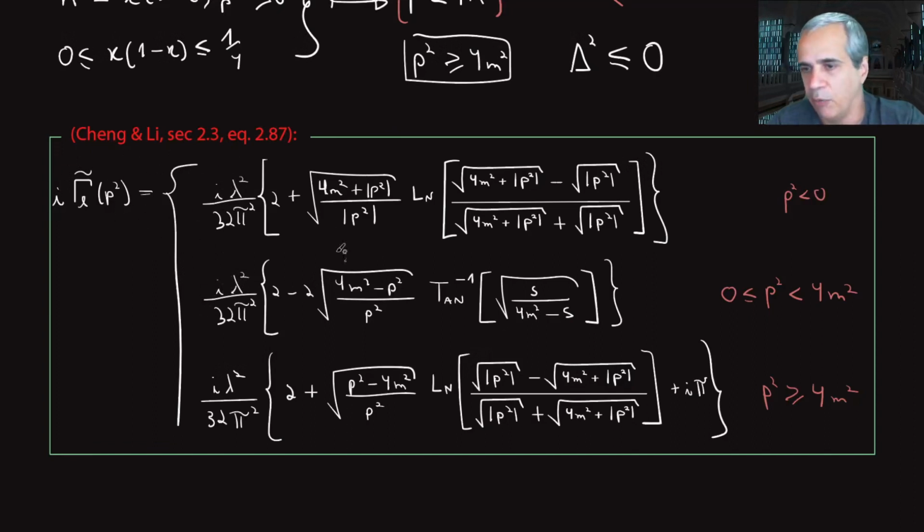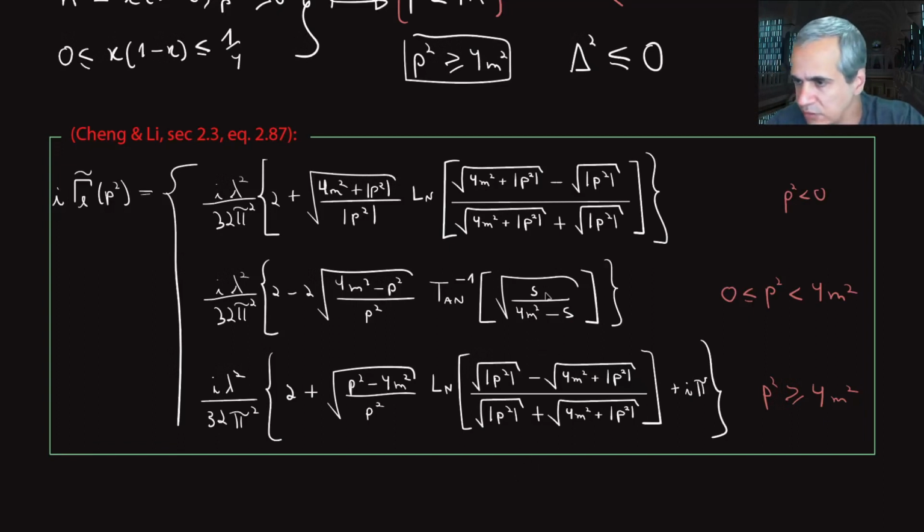But once I go above that point, then it develops really an imaginary part. Again, this is related to the possibility now of producing an intermediate state of two on-shell particles. Keep that in mind. We'll go back to this discussion further on in future videos.